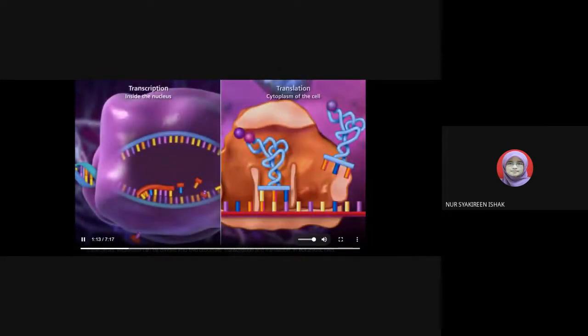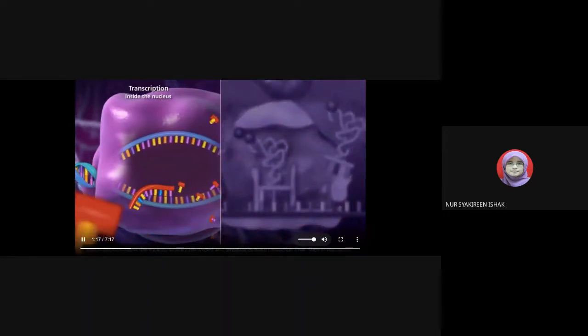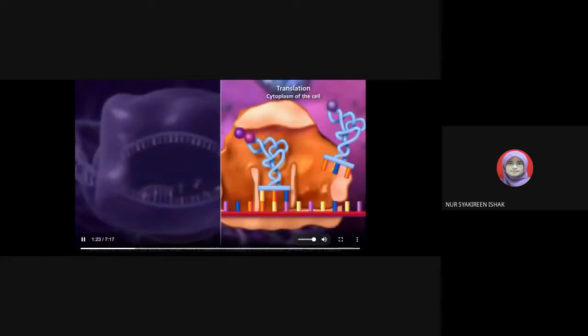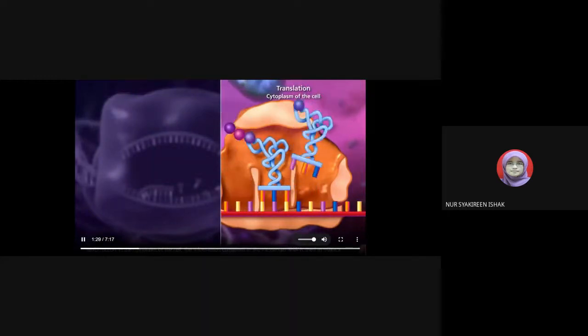In eukaryotic cells, transcription occurs in the nucleus, where DNA is used as a template to make messenger RNA. Then in translation, which occurs in the cytoplasm of the cell, the information contained in the messenger RNA is used to make a polypeptide. During transcription, the DNA in the gene is used as a template to make a messenger RNA strand with the help of the enzyme Rna Polymerase.